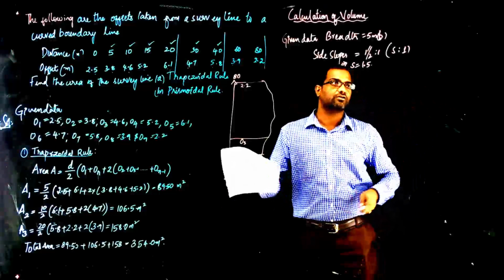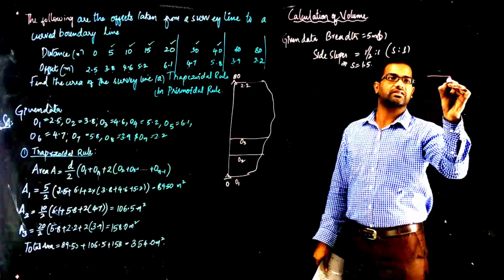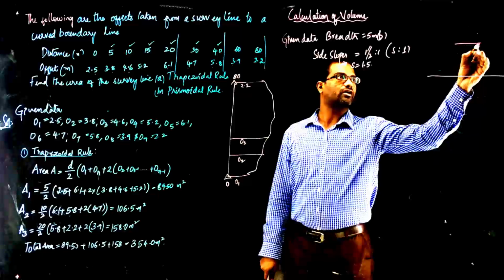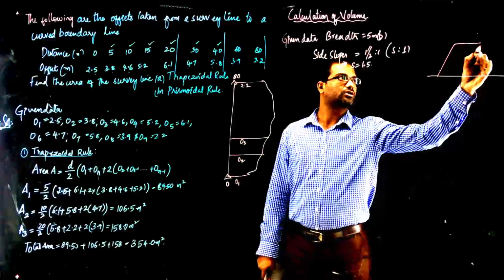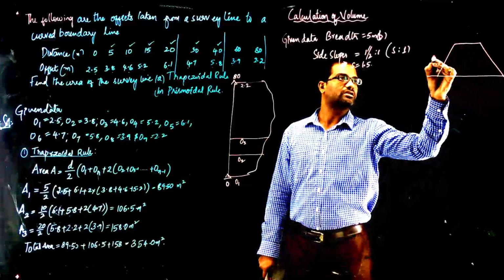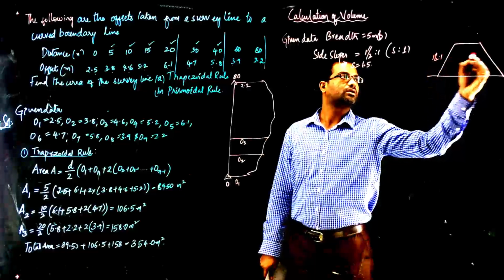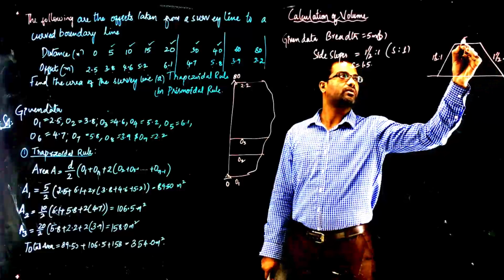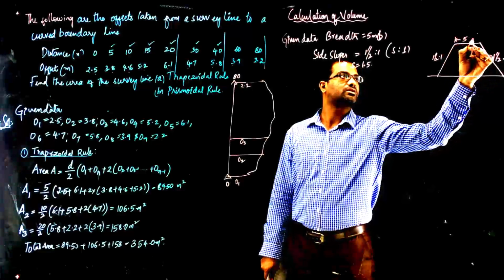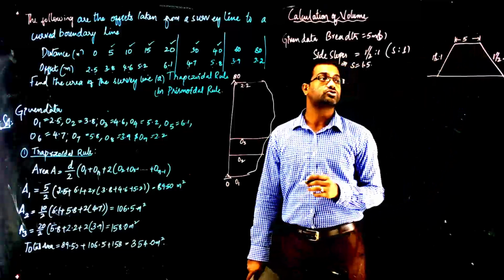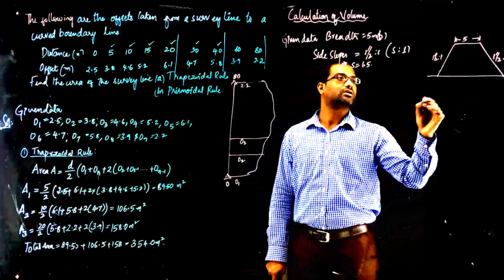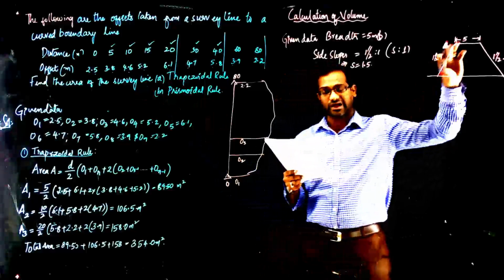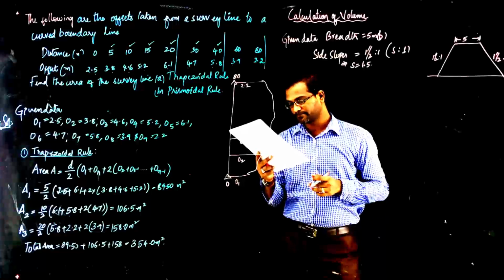So the ground level is level, we have a formation width of 5 meters, and the side slopes are 1.5:1 on both sides. We are supposed to calculate the area and volume, and the height will be varying.